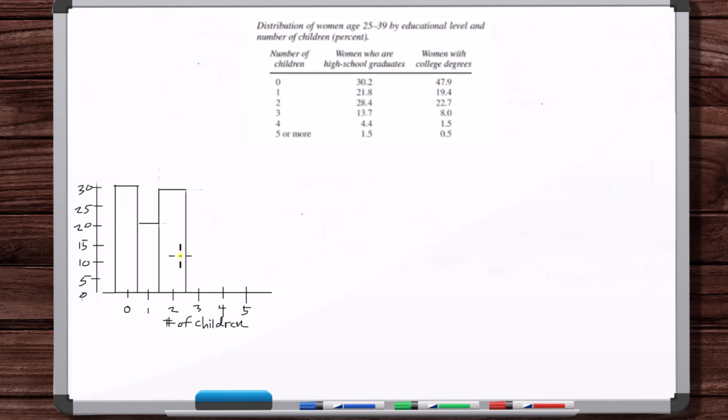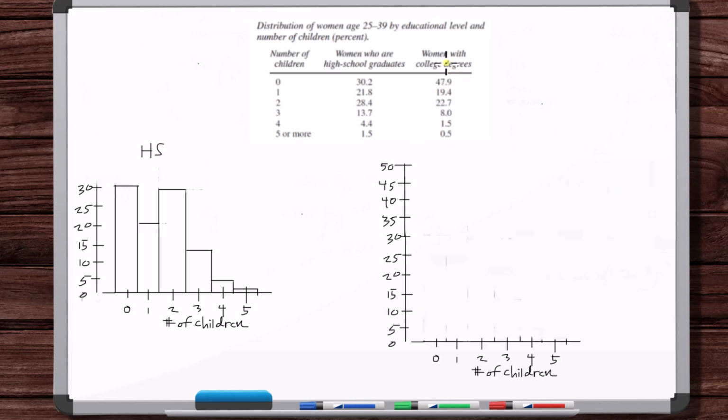The 3 block is 13.7. The 4 block is 4.4. And the 5 block is 1.5. Okay, now this is high school graduates.